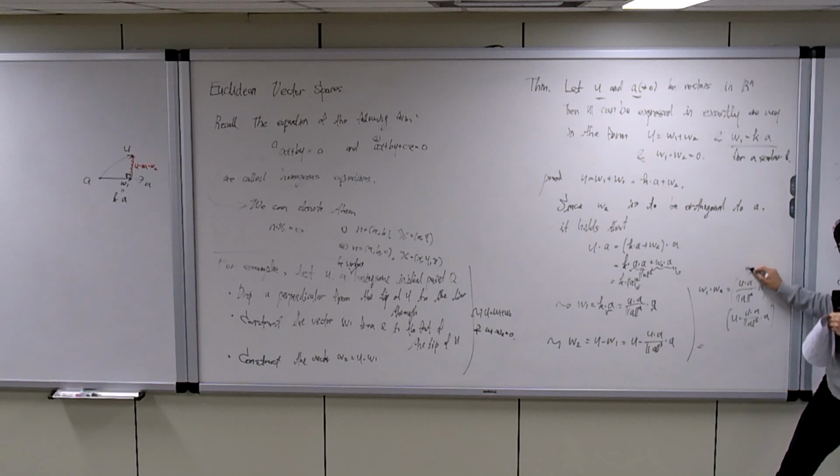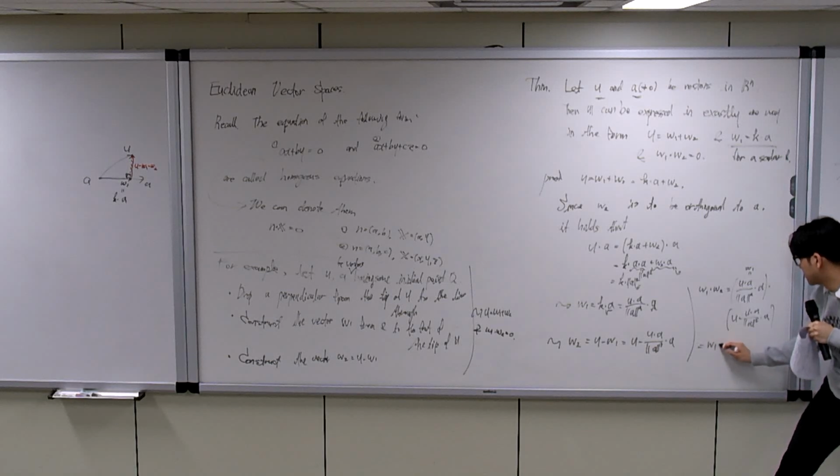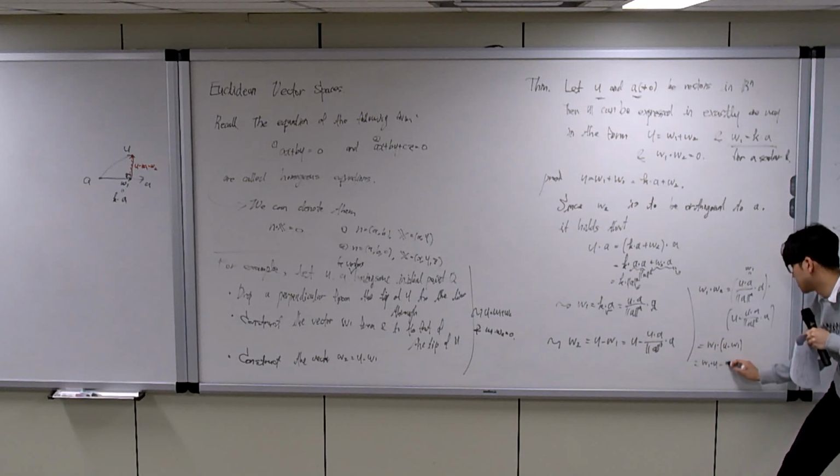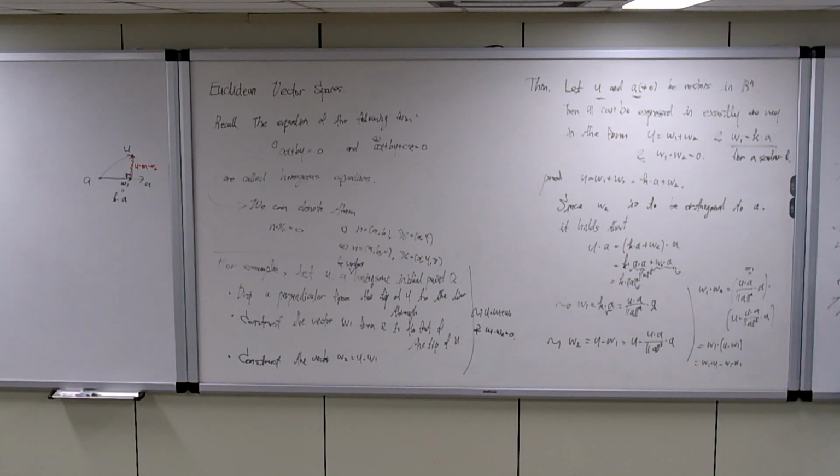I will write this w1, then w1 dot product u minus w1, is it right? Wait, I will think about the calculation.